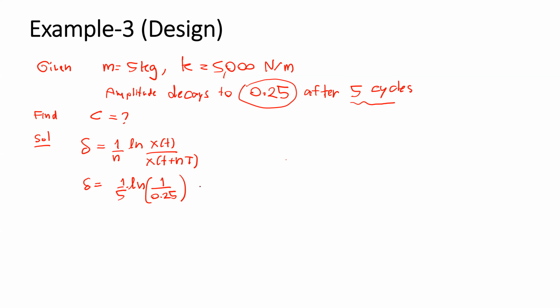You compute the value to get the logarithmic decrement, and by the relationship between the damping ratio and the logarithmic decrement, you can obtain the damping ratio, and finally you can obtain C.